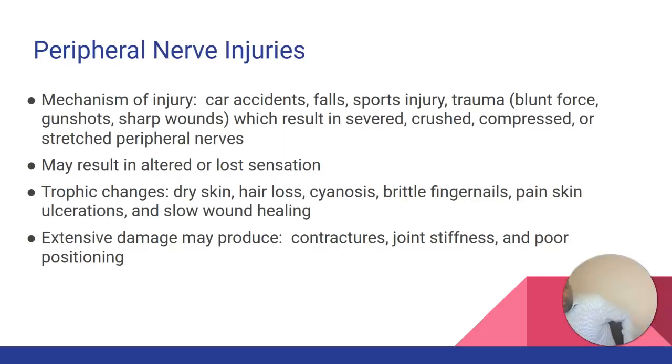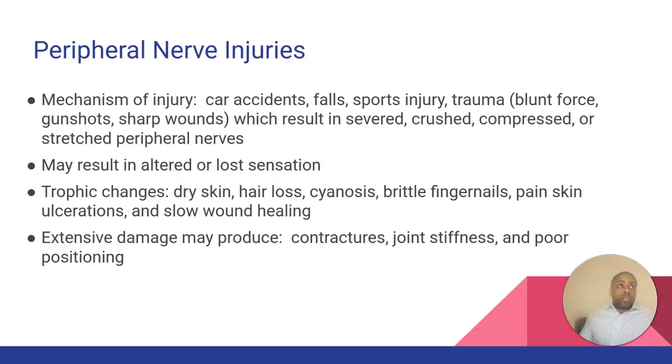There are some trophic changes that oftentimes occur with peripheral nerve injuries and consequent sensory loss: dry skin, hair loss, brittle fingernails. These are not necessarily caused by the sensory loss, but they can certainly co-occur.